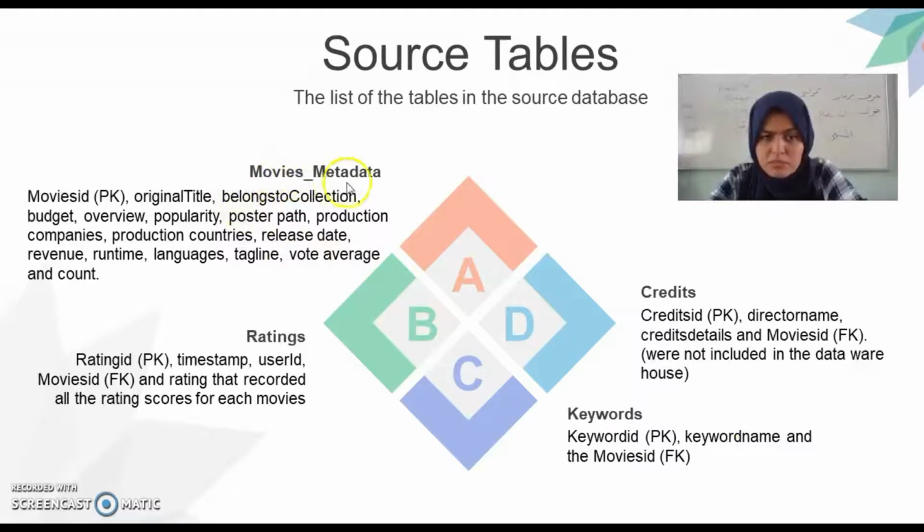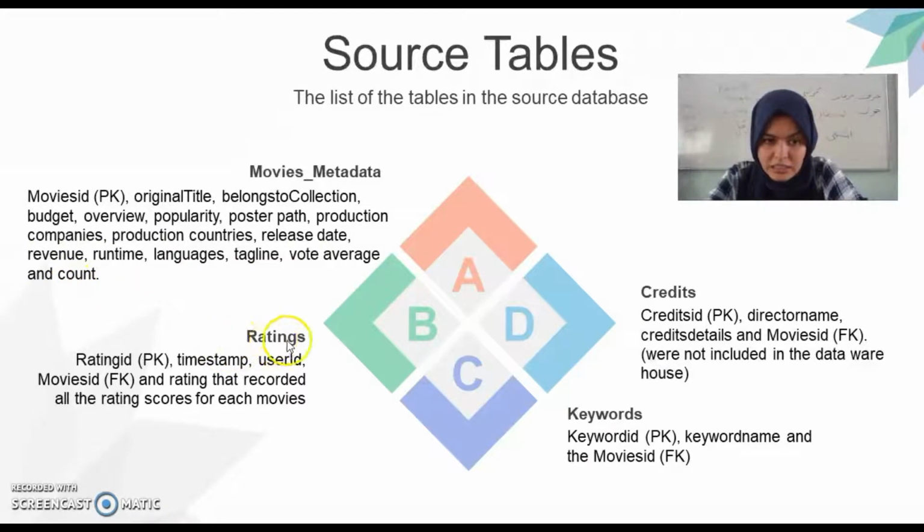One of them is movies metadata. Movies metadata includes movie ID, original title, belongs to collection, budget, overview, popularity, poster path, production companies, production countries, release date, revenue, runtime, language, tagline, vote average, and count.